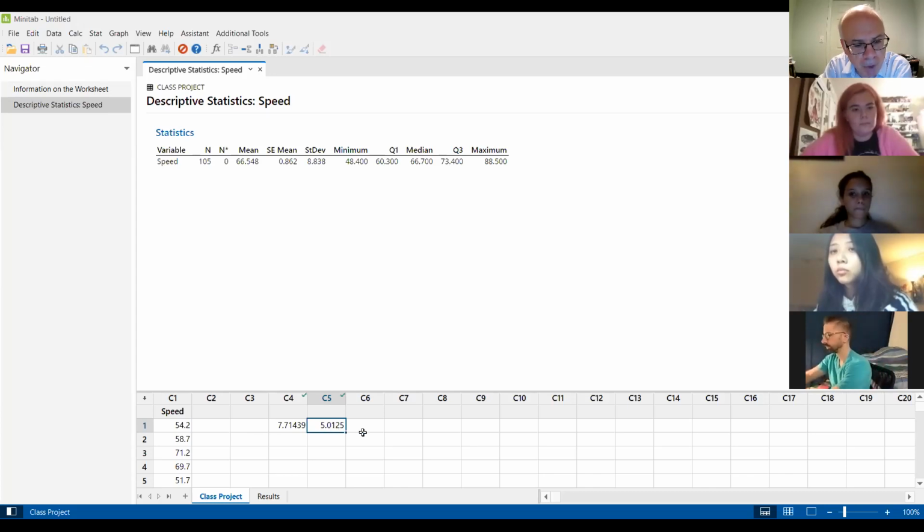All right, now, if I was going to show you how to do this with a TI 83 or 84 calculator, there's a certain procedure I would show you, but it's really unnecessary in this case because you could do everything in Minitab.